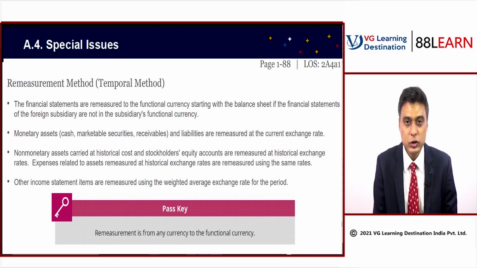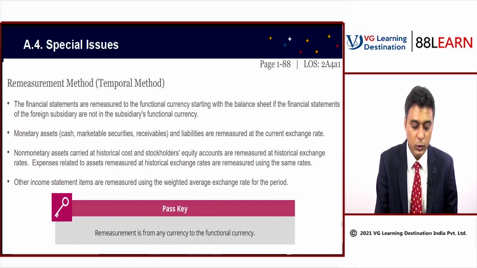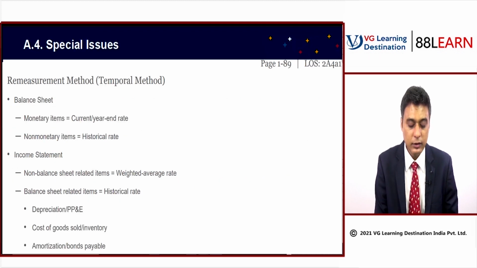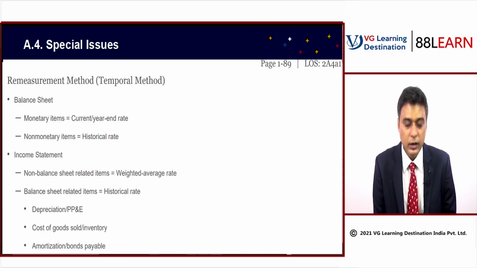So, remeasurement method. We saw that we are going to start with the balance sheet, and then in the balance sheet we are going to bifurcate the assets into monetary and non-monetary. Monetary are going to be at the year-end rate, non-monetary at the historical rate. Income statement items we are going to bifurcate into two parts: the balance sheet related items at historical rate, non-balance sheet related items at weighted average rate, right?